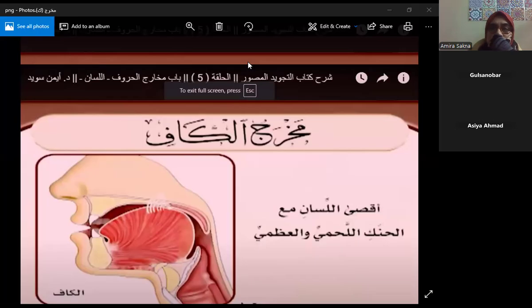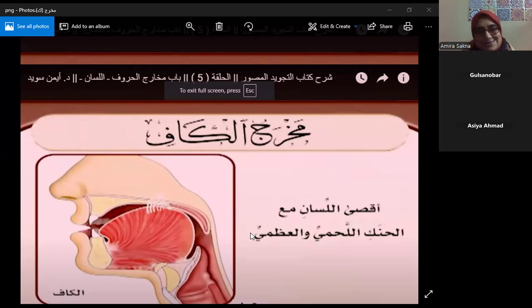Regarding kaf, my dears, it comes out from the same area, from the back of the tongue, just like the qaf. So the back of the tongue with what?